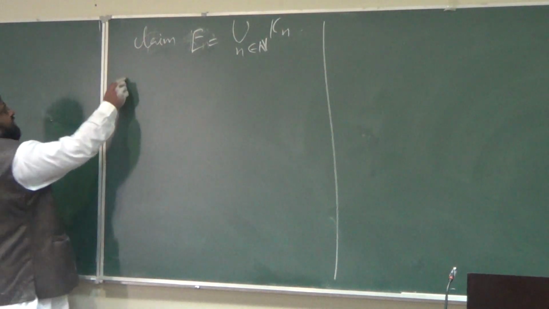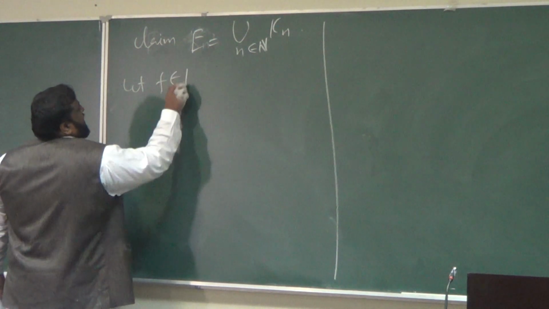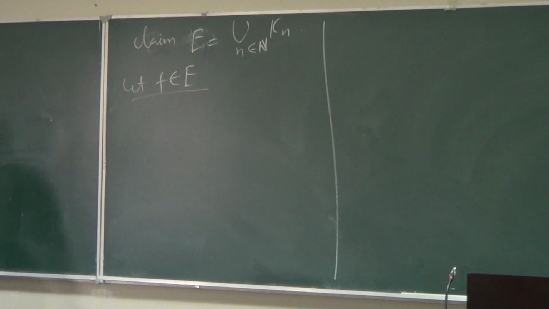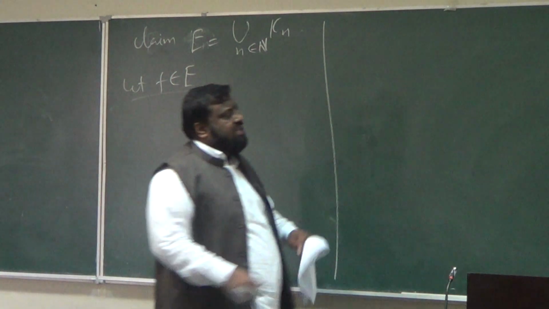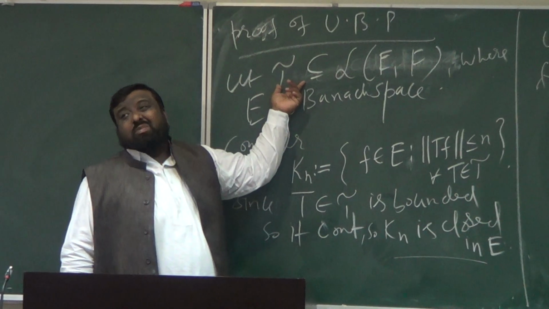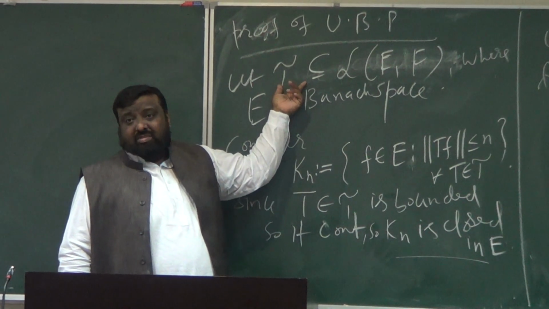So let's pick an element from E. Let F be from E. Then we have this collection, which is a collection of linear pointwise bounded operators, isn't it?